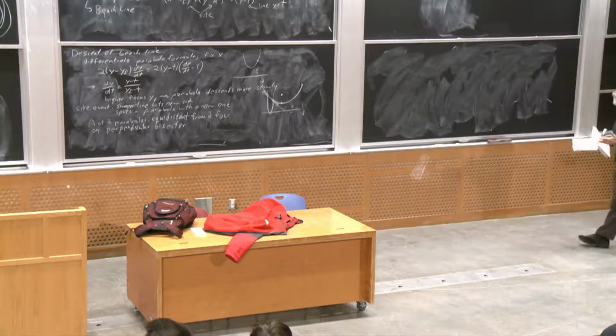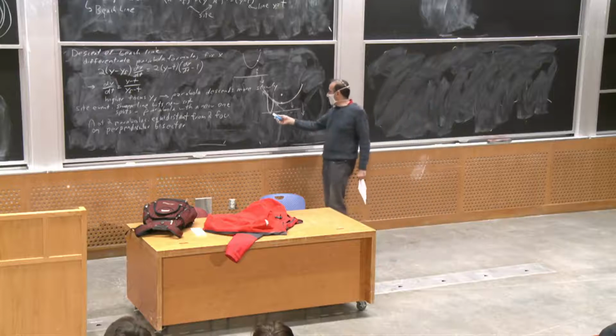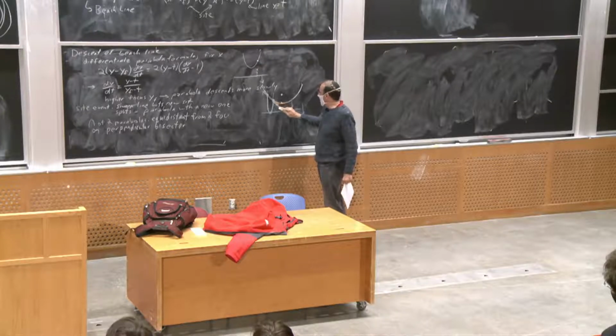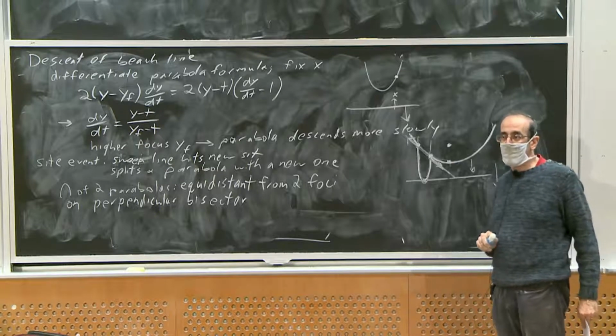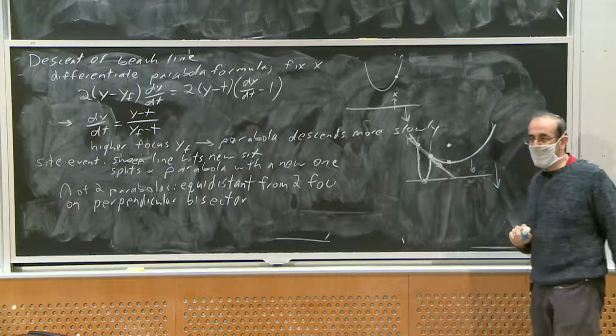So the introduction of this new site introduced an intersection point, a perpendicular bisector, which, at least for now, is something that needs to be in the Voronoi diagram. So tracing out this intersection point is tracing out one of the Voronoi edges.